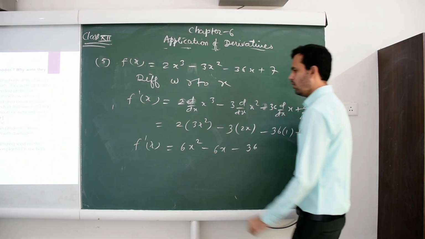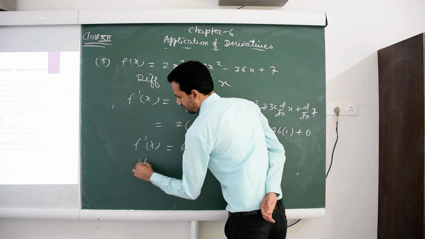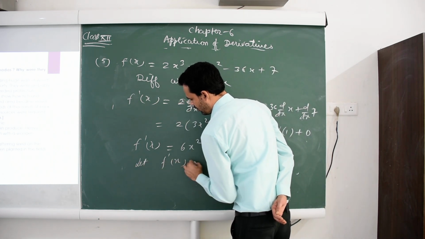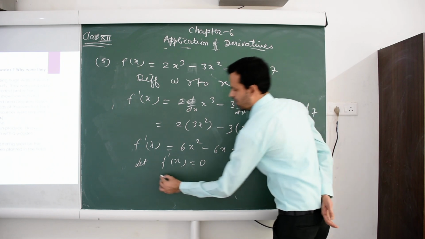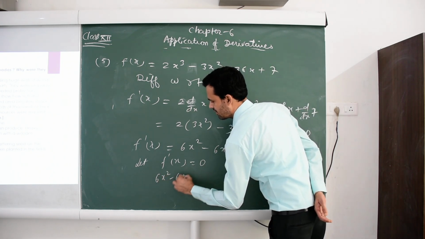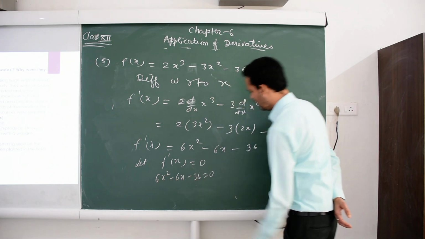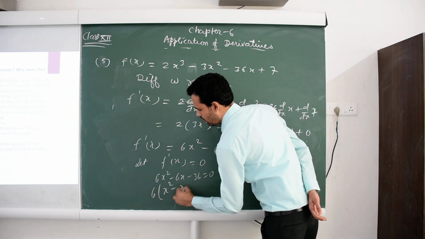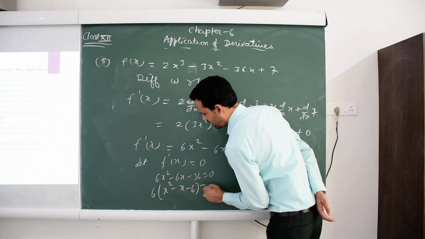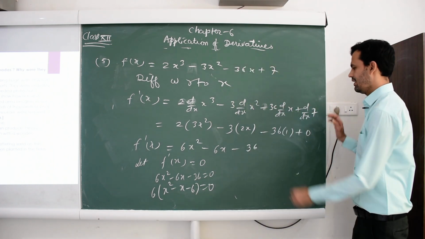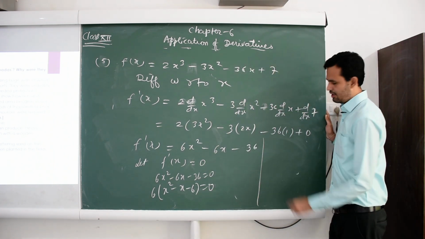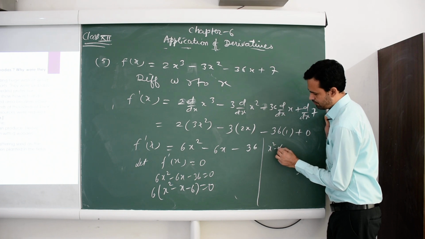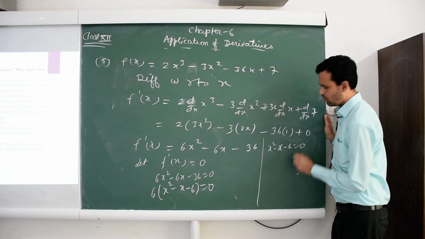Okay. Now, let f dash x equals 0. So, 6x square plus 6x minus 36 equals 0, or we take 6 common. So, x square plus x minus 6 equals 0. This is a quadratic equation.